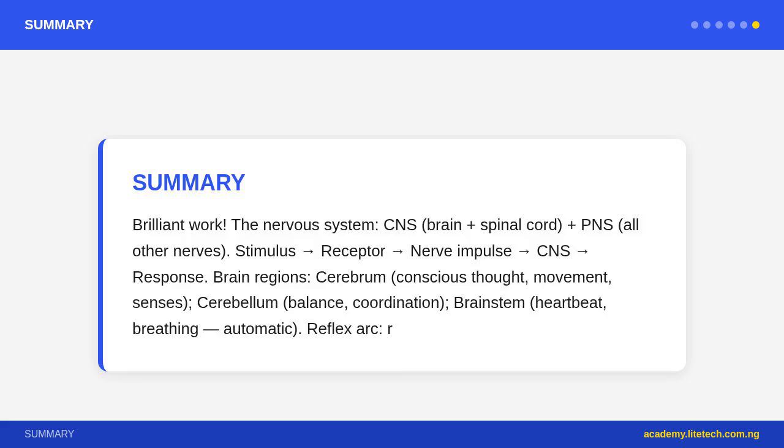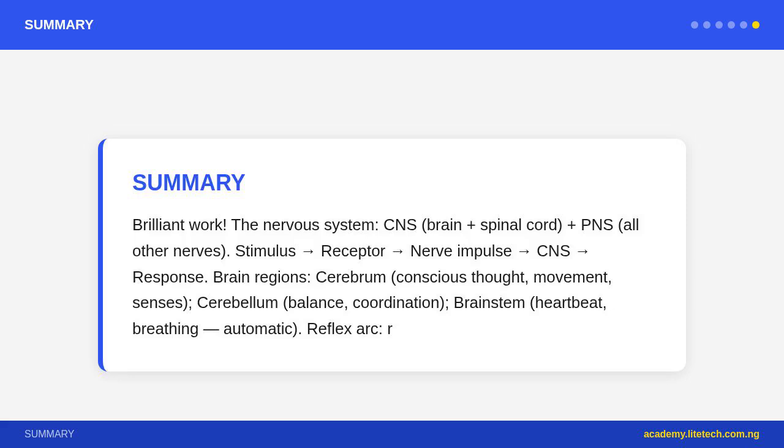Brilliant work. The nervous system: CNS, brain plus spinal cord, plus PNS, all other nerves. Stimulus, receptor, nerve impulse, CNS, response. Brain regions: cerebrum, conscious thought, movement, senses; cerebellum, balance, coordination; brainstem, heartbeat, breathing, automatic.